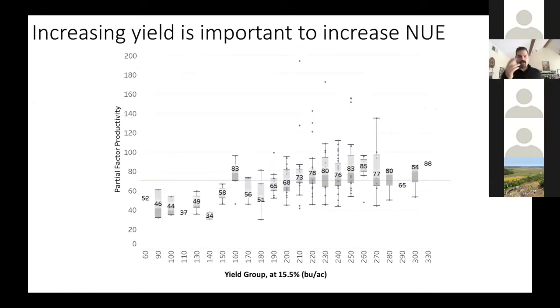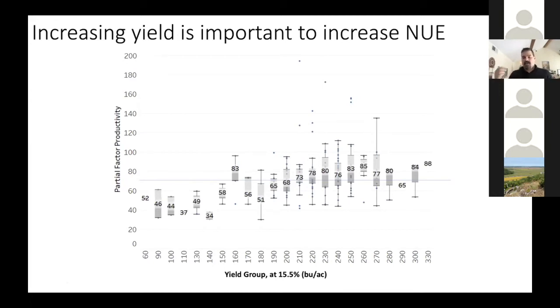There are two factors in this use efficiency assessment. One is the fertilizer you apply, and the second is your yield. Looking at this relationship with yield, we lumped everything into these 10 bushel yield groups, and you can see that on average, the bigger yields tended to be related to higher efficiencies.